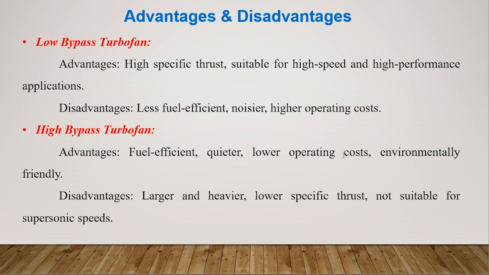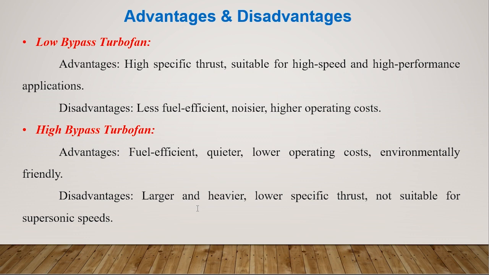With less fuel consumption, it can produce more thrust. The disadvantages are that it is larger because the fan size is huge, it has low specific thrust, and it is not suitable for supersonic speeds.